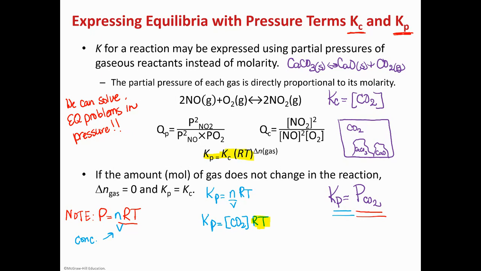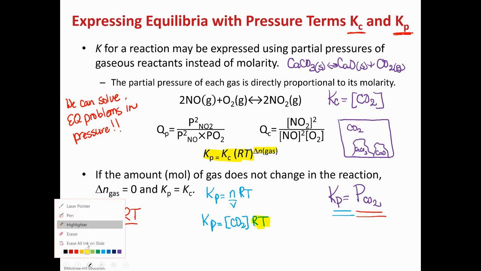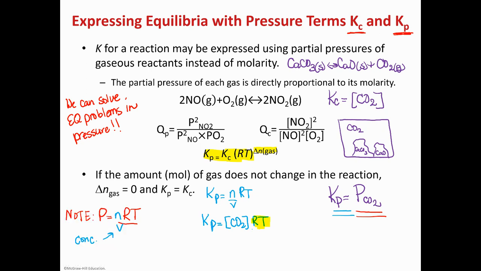Now, the relationship depends a lot on what's going on in the balanced equation. There is one more thing here, which is delta n of gas. Basically, what factor of RT it is related to depends on how many moles of gas there are on one side compared to the other.